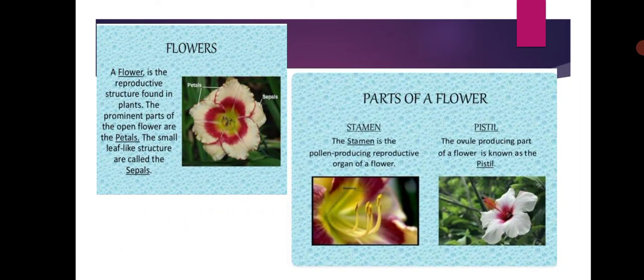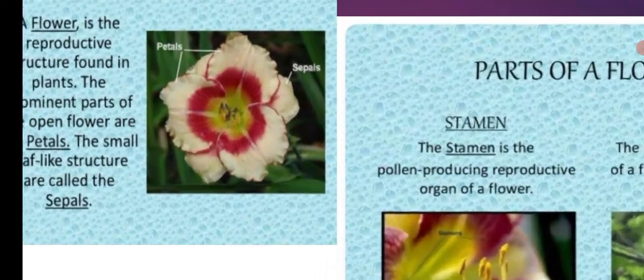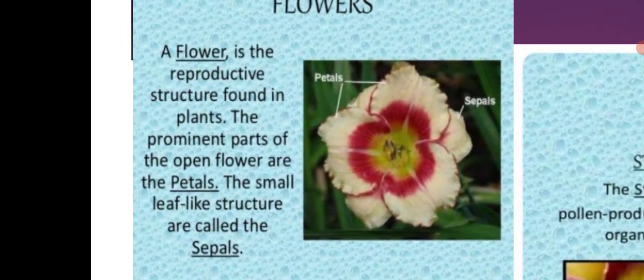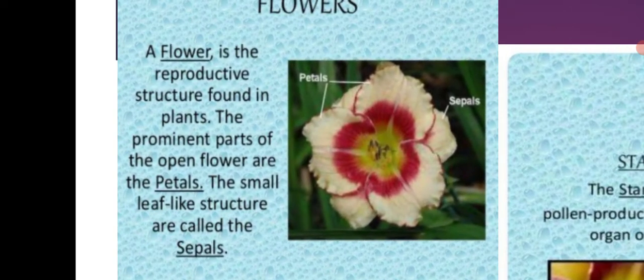After that, the very important part of the plant, that is flower. Flower arises from the stem, and flower takes part in reproduction. Flower has four parts, called calyx, corolla, androecium and gynoecium.